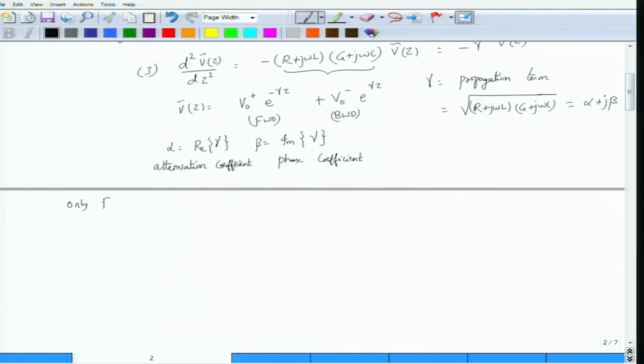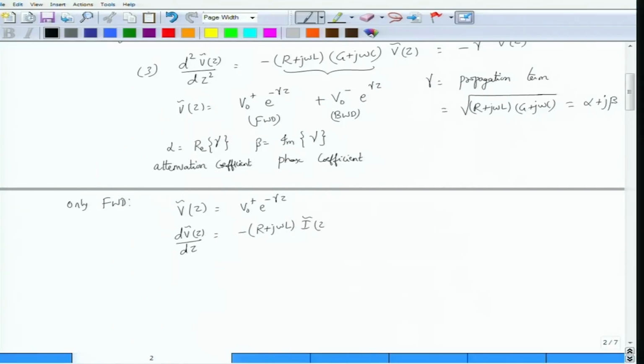So let us assume that only a forward going wave is there, which means that the voltage phasor is V0 plus e power minus gamma z, and then differentiating this voltage phasor and equating it to the current term, what you get is minus (R plus j omega L) into I of z.